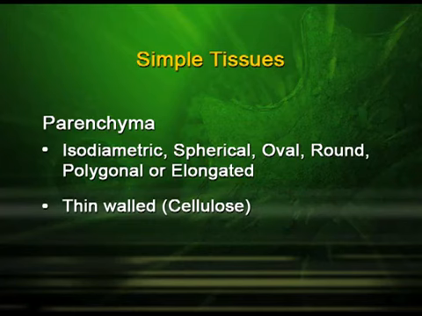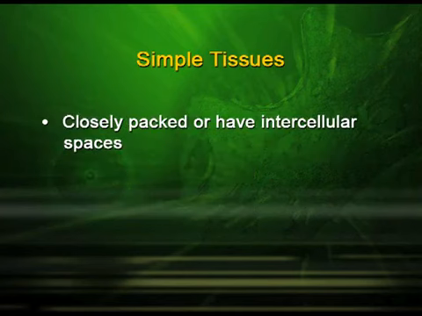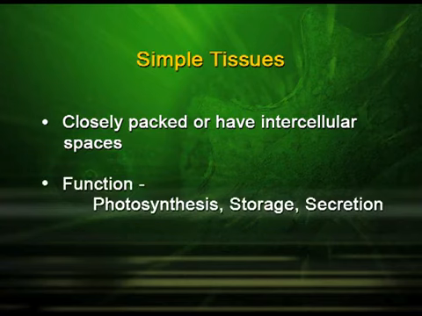They may be spherical, oval, round, polygonal or elongated. Their walls are thin, made up of cellulose. They are closely packed and also have intercellular spaces. Their function is photosynthesis, storage and secretion.